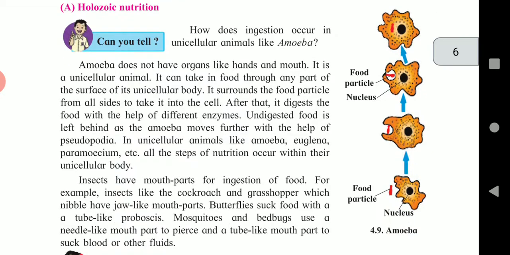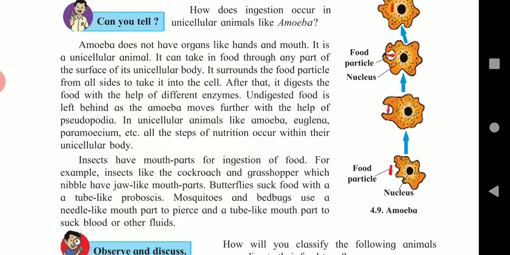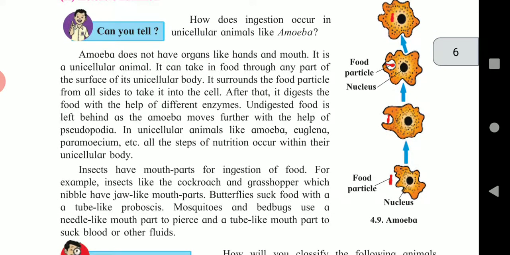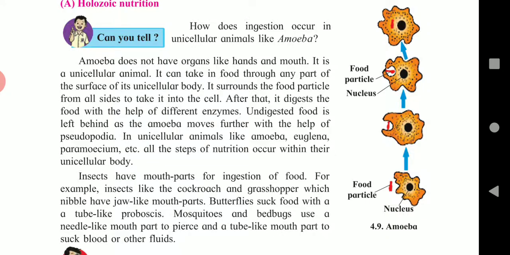Amoeba does not have organs like hands and mouth. It is a unicellular animal. It can take in food through any part of the surface of its body. It surrounds the food particle from all sides to take it into the cell.